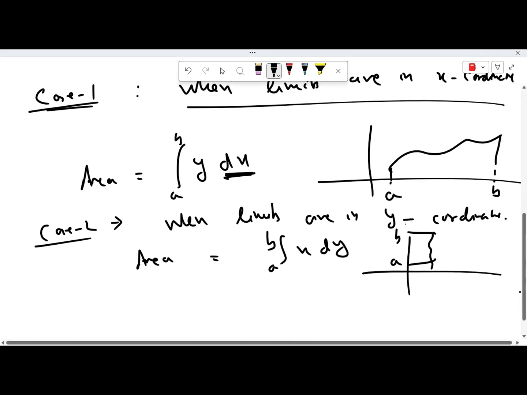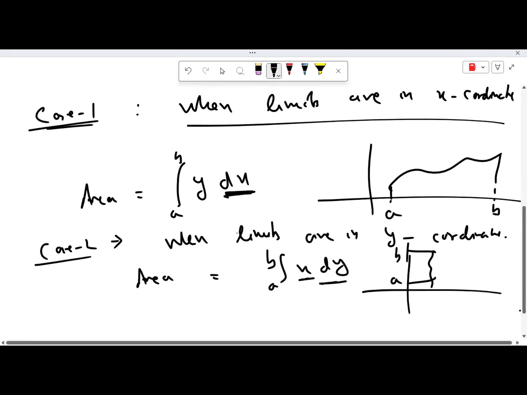This is A and B. So if the limits are in y coordinate, then you have to write x dy. What this means is you have to convert the function into x. मतलब क्या होता है, हम एक एक क्वेश्चन में समझ जाएंगे. Just write it down.